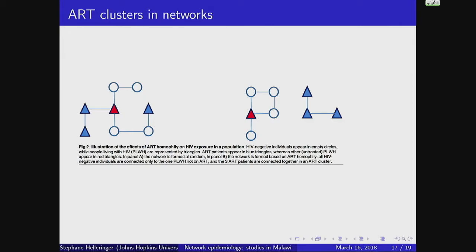Whereas in this particular network, displaying homophily based on treatment, our hypothetical patients are on one side in their cluster, okay? And so what that does in that particular context is that it increases the risk of exposure to transmission among the HIV negatives by putting them into contact with somebody who's likely more infective, okay?